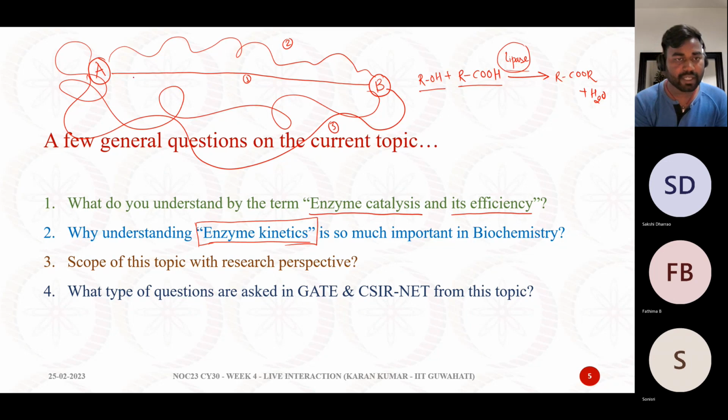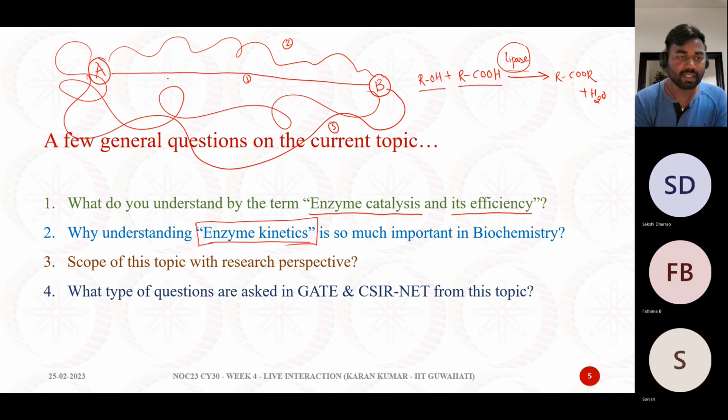And you can understand enzyme as a guide. So if a person is guiding you from A to B via path number one, does it take anything from the guide, like whether the guide will be consumed or exhausted or something?